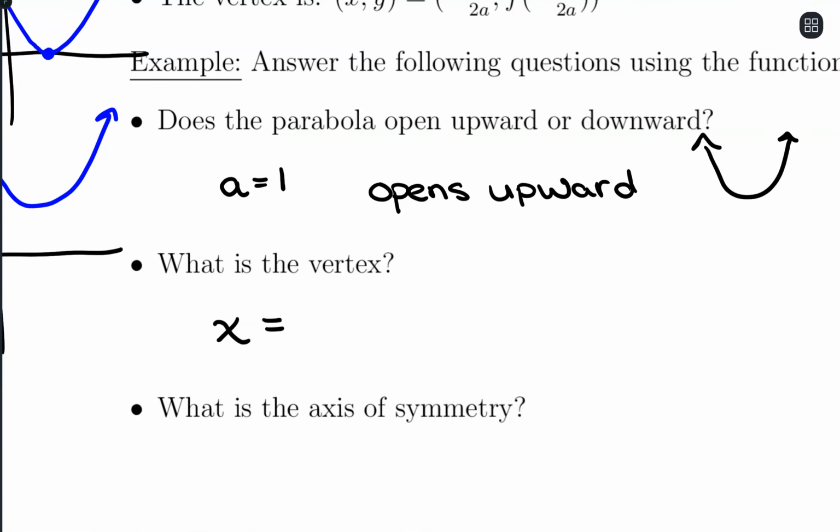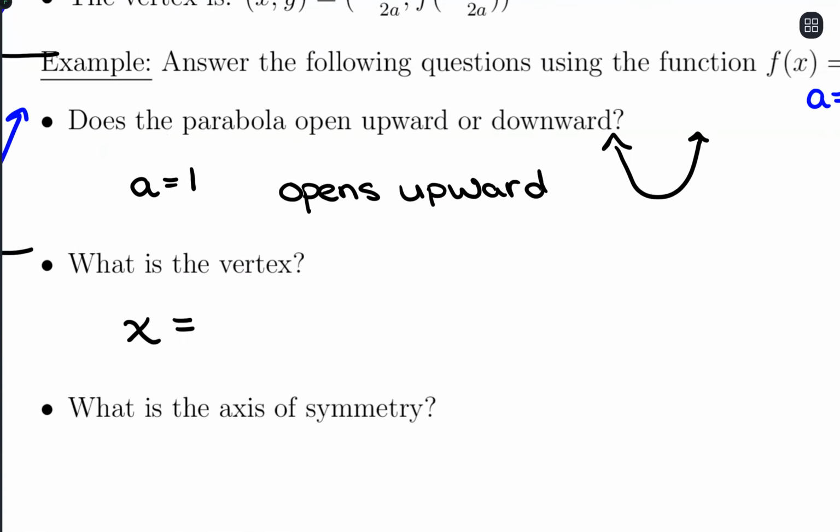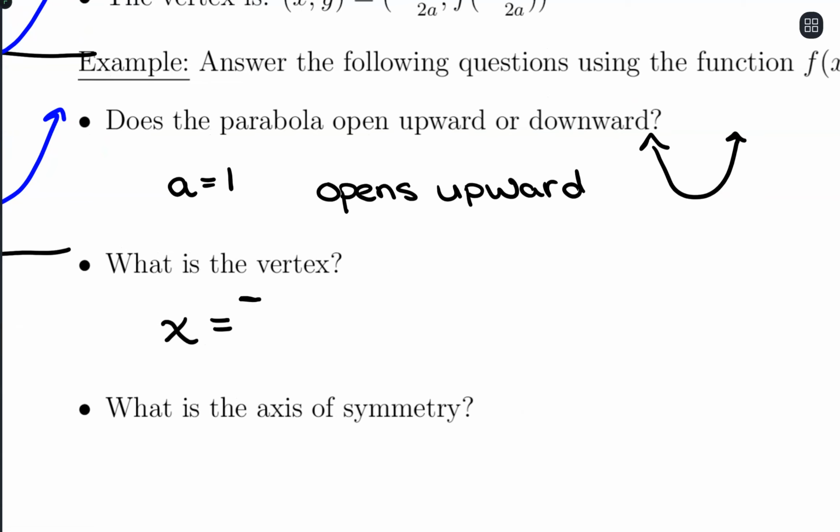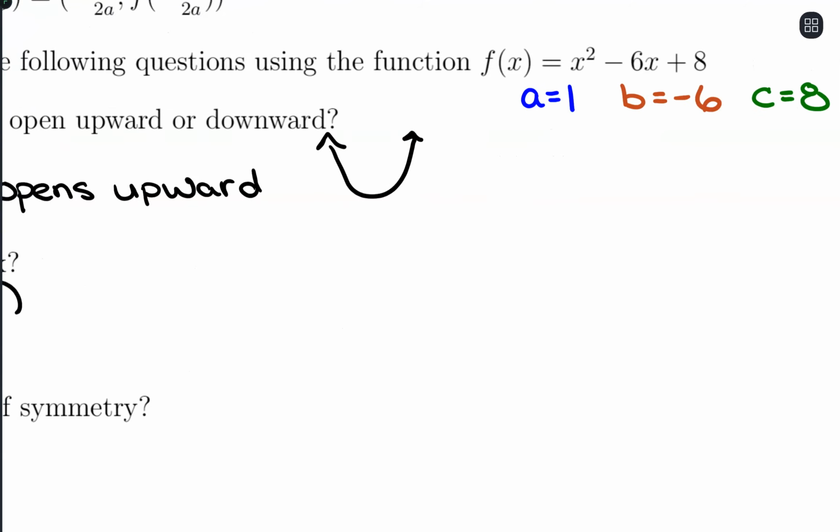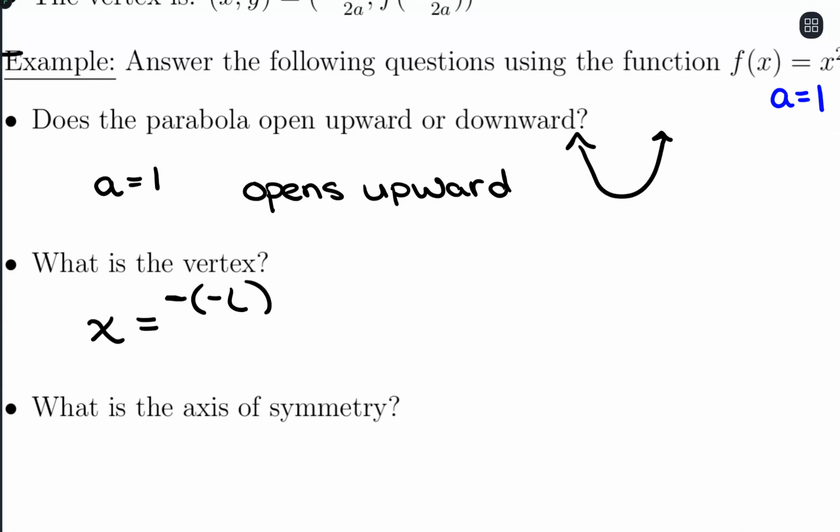So x equals negative, and then for b, I'm going to use parentheses and put in that value of b, negative 6, all over 2 times a, which would be 2 times positive 1. So in that numerator, I have negative negative 6, so that's a positive 6, and then divided by 2 times 1. So I'm getting x equals 3 here.